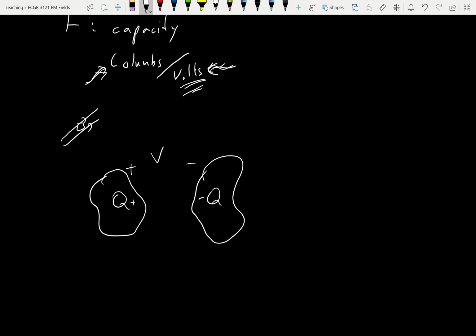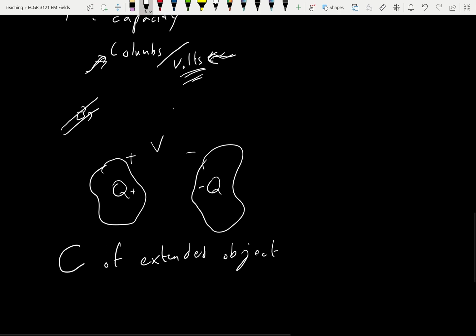I can talk about the capacitance C of the extended object. How much charge exists in this extended object due to the applied voltage, or if I assume that a certain charge exists, how much the voltage would be.